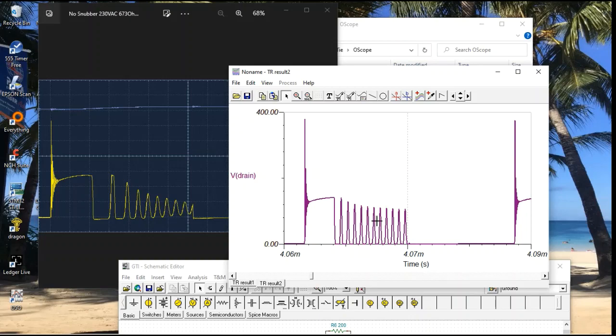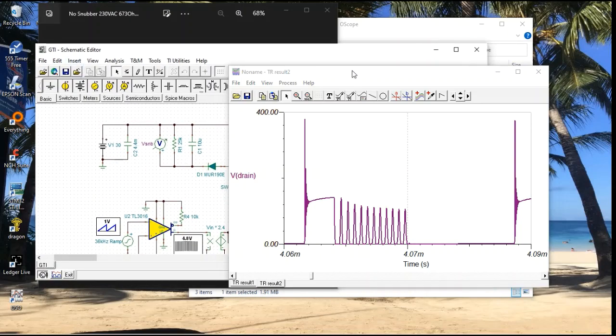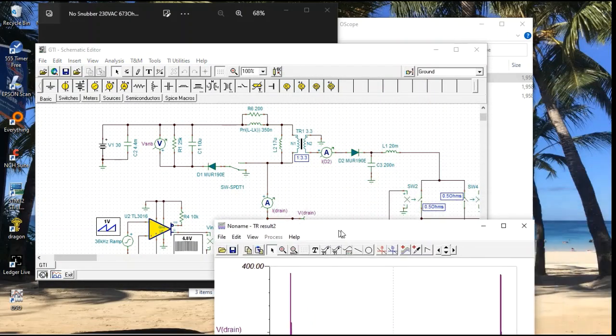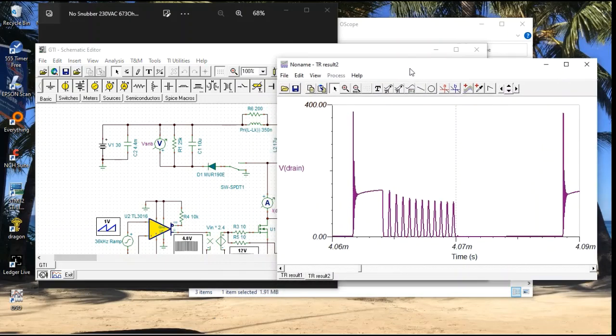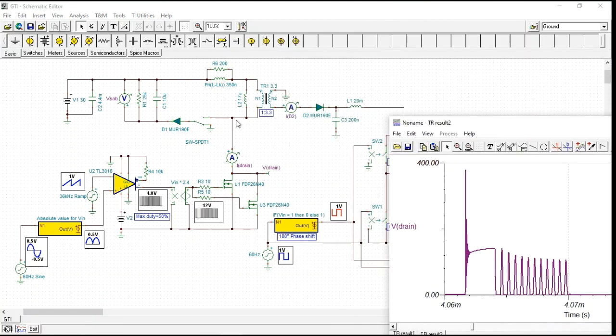So it says that it's modeled pretty well. That's really what this is saying, that this whole circuit is modeled well. This is really giving you an accurate picture.